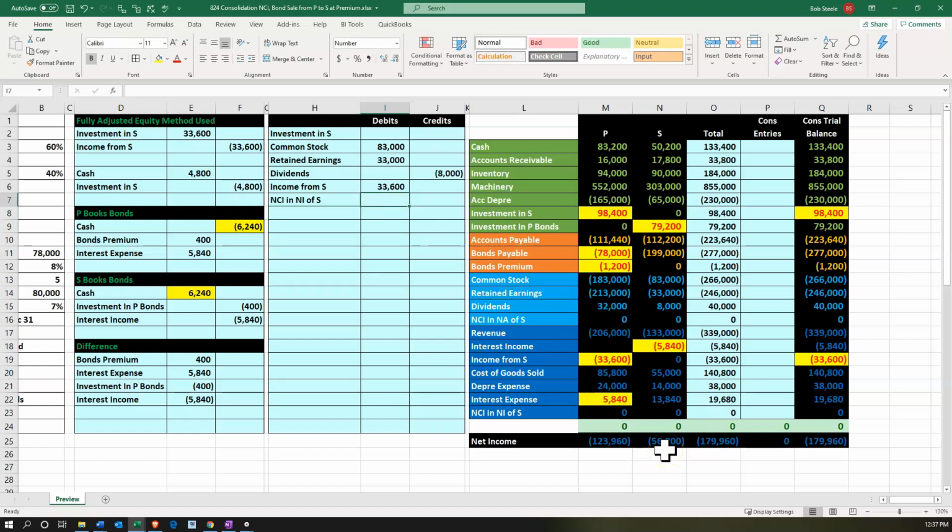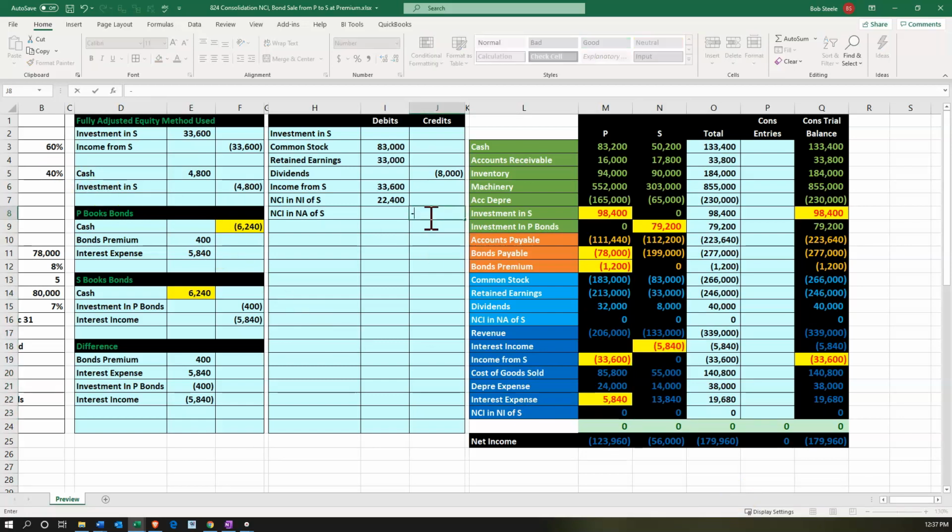So negative of this times 1 minus the 60%, or that 40%. That's the 22.4.